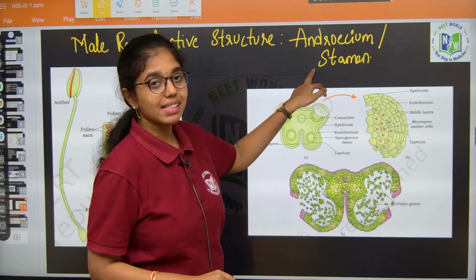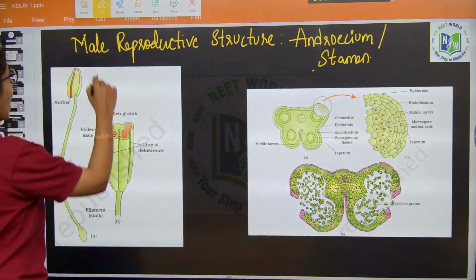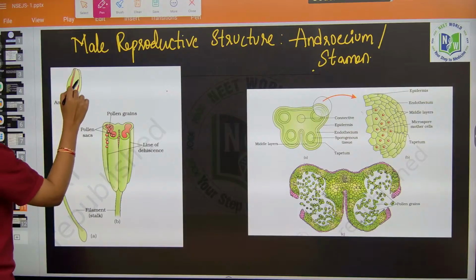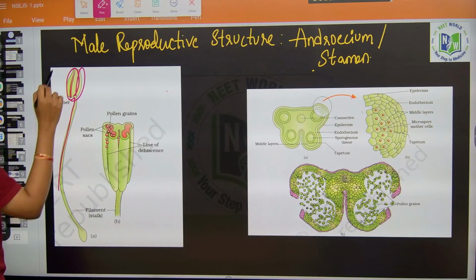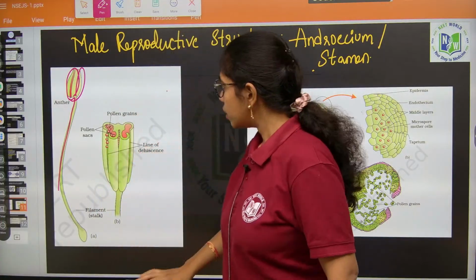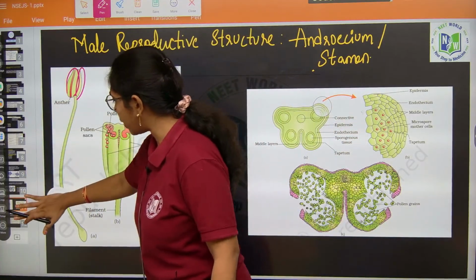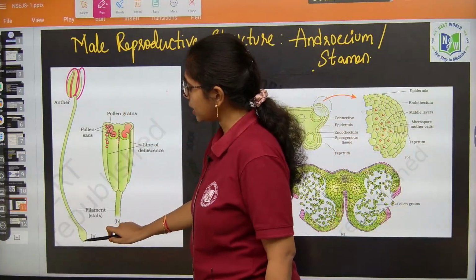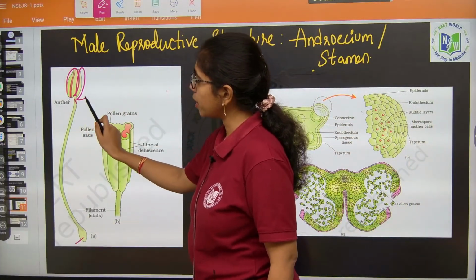First, look into the stamen structure. It has the filament, the long filament, and a bilobed anther. Can you see? It has a long filament and a bilobed anther. This is the distal end and this will be the proximal end.